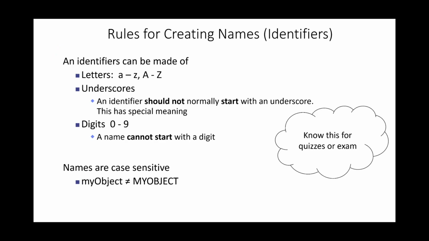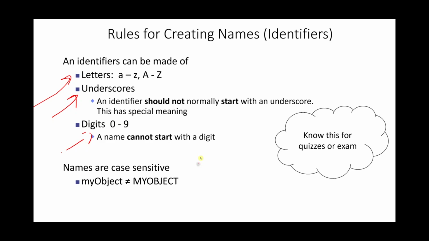Okay, how do I name my variables? Now, if you're naming a variable, you usually start with a lowercase letter. And you must start with either a letter or an underscore. You cannot start with a digit, but you can have a digit, just not starting with one.